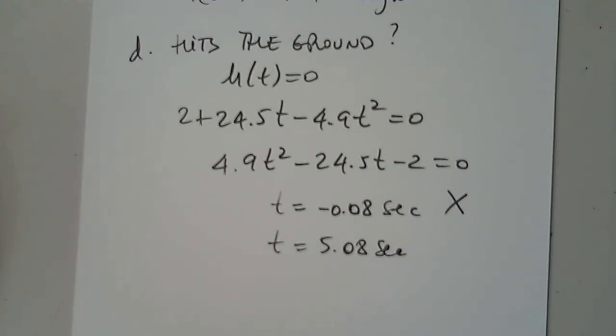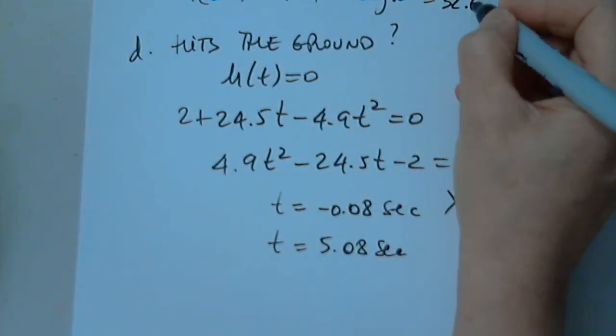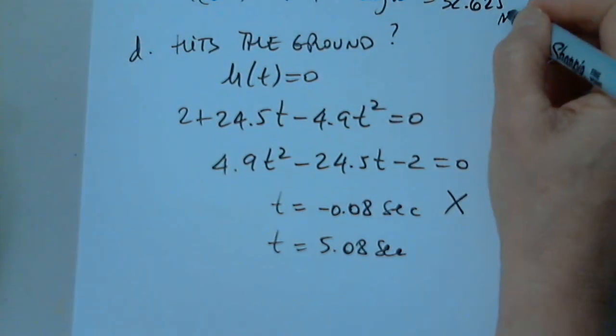Okay, so we were finding the maximum height. It would help if I would enter the correct function. Okay, so it's 32.625. So the maximum height is 32.625, and the measurement unit is meters.